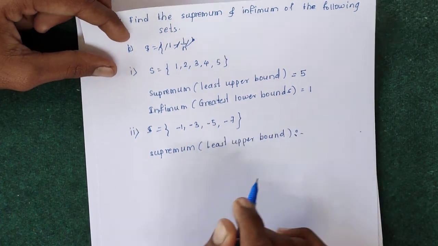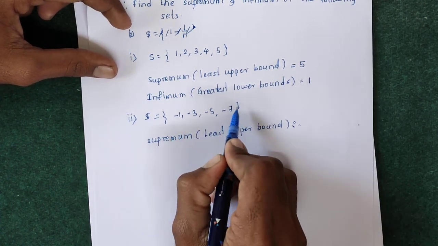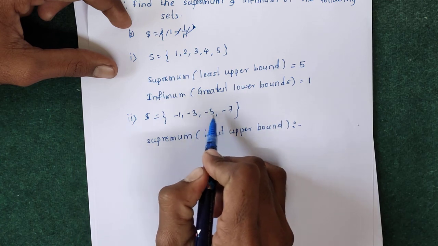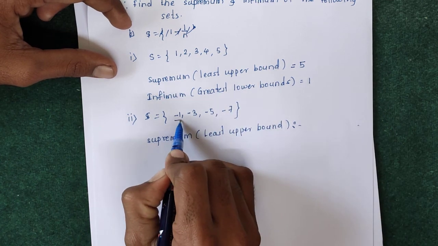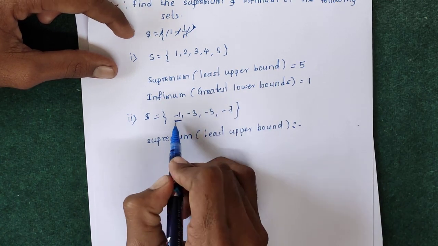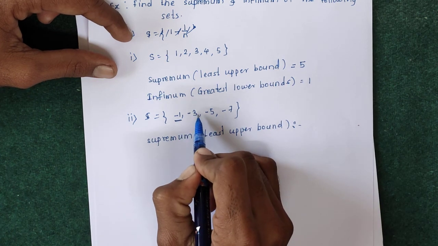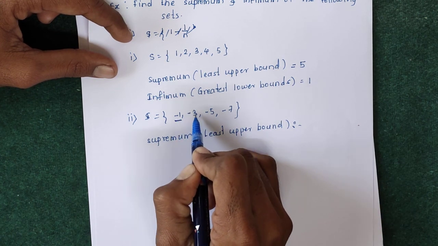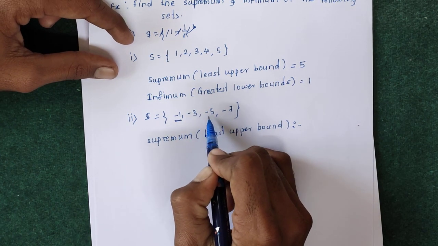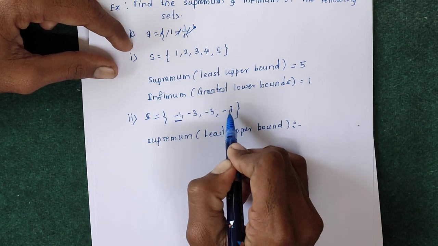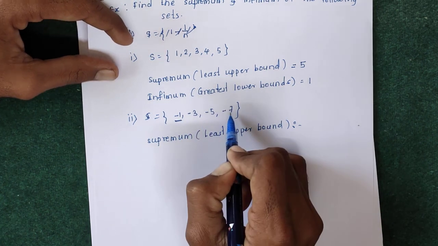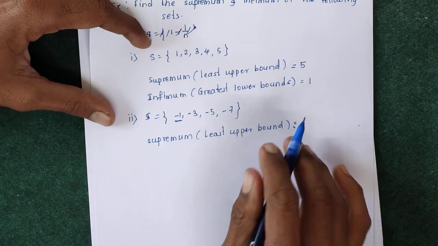Now, first of all we will see the greatest number in this set: minus 1, minus 3, minus 5 and minus 7. Minus 1 is the greatest number. Minus 3 is less than minus 1, minus 5 is also less than minus 3, and similarly minus 7 is the least number among all these 4 numbers.